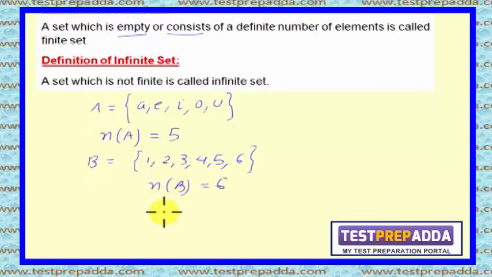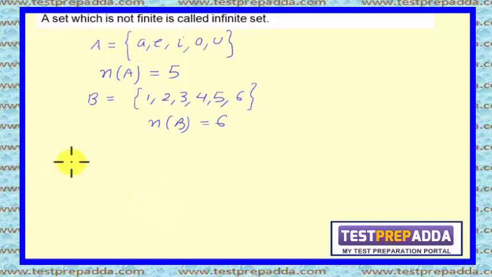Now consider a set C. I will write this in set builder form: all values of x such that x is a natural number.